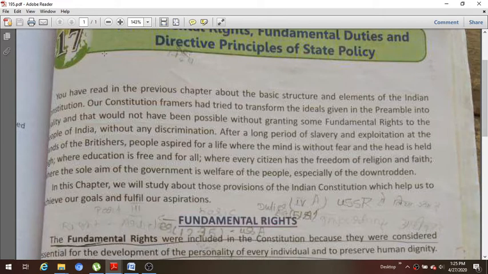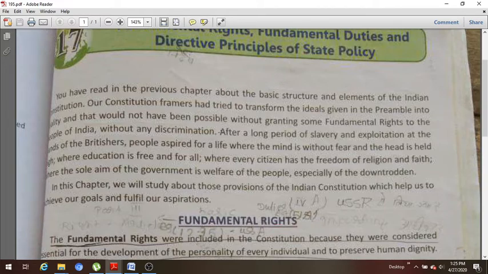First, let us read this paragraph, which is very important. You have read in the previous chapter about the basic structure and elements of the Indian Constitution. Our Constitution framers have tried to transform the ideals given in the preamble into individuality, and that would not have been possible without granting some fundamental rights to the people of India without any discrimination.